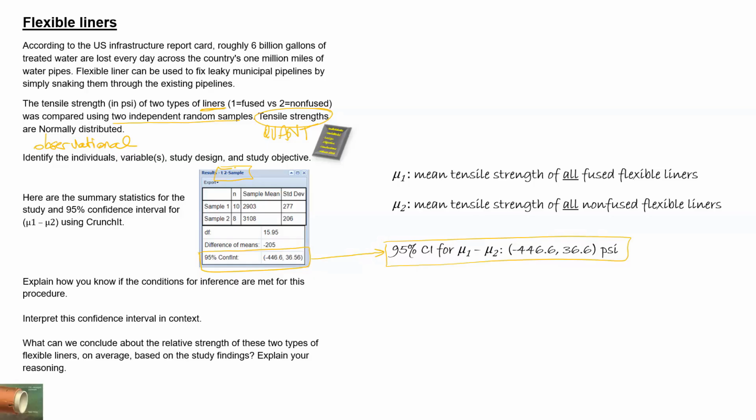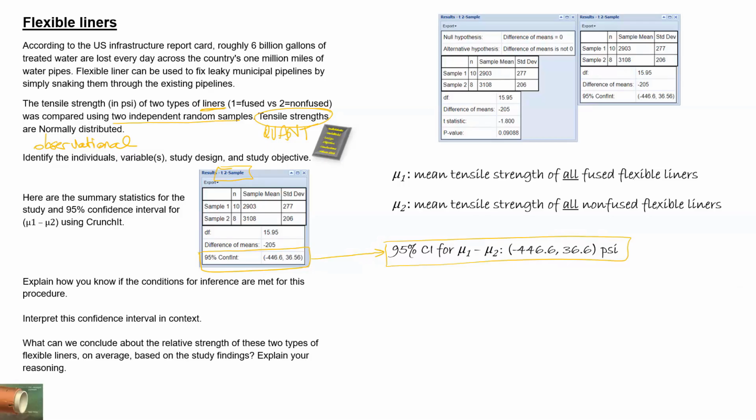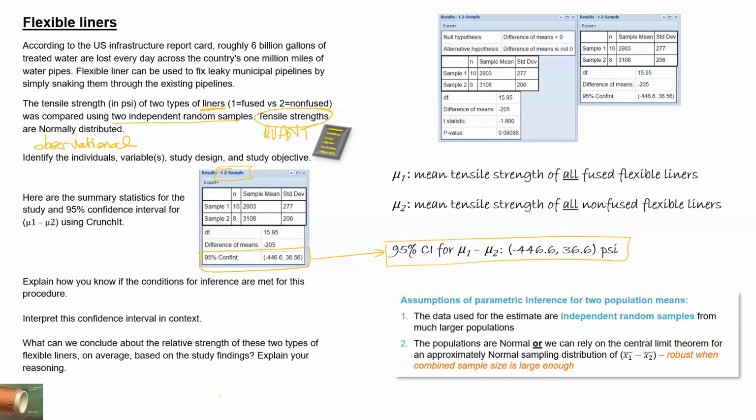It means mu2 is greater than mu1, or mu1 minus mu2 could be positive, so mu1 could be greater than mu2, or mu1 minus mu2 could be 0, which means mu1 and mu2 would be equal, and that is why it is inconclusive.